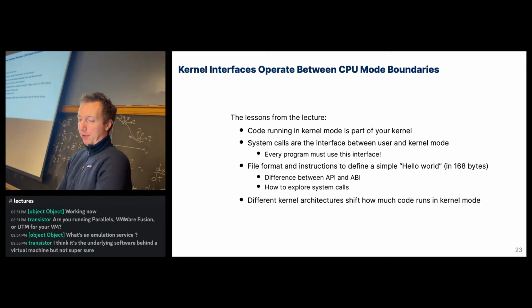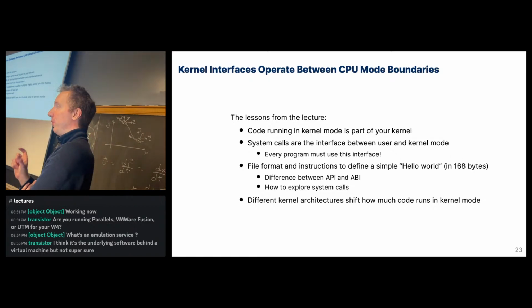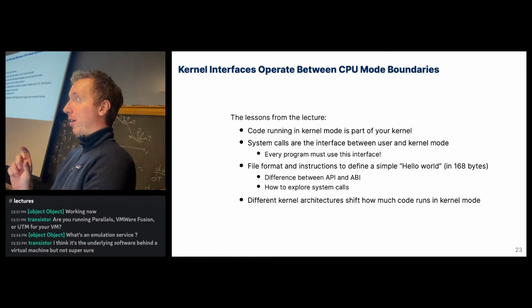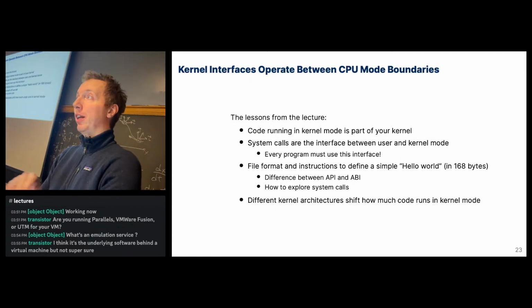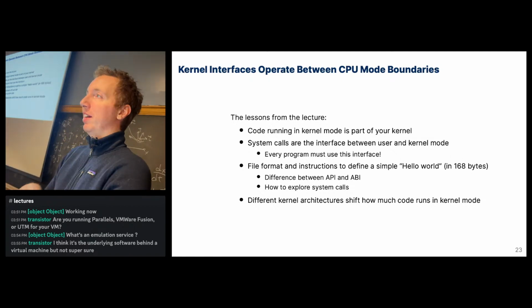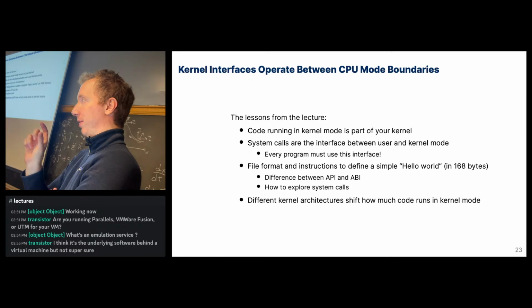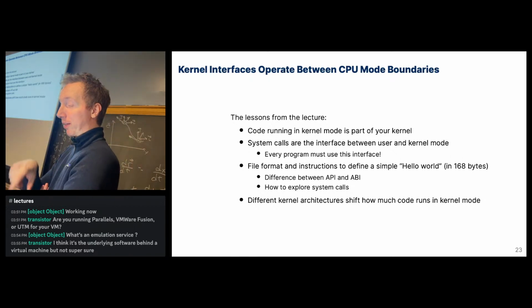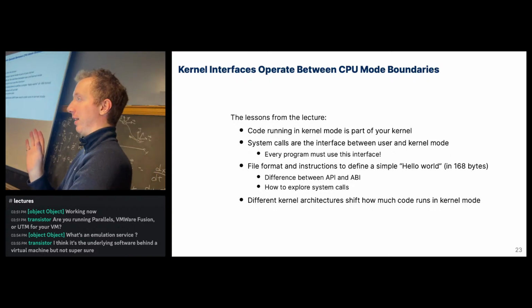So to wrap up, the kernel is the interface between CPU mode boundaries, and those are hard boundaries. What we can definitely say is that the kernel is part of the operating system, and past that it gets fuzzy. But for the kernel, there's a real nice boundary: the transition from the CPU being in user mode to kernel mode and what instructions it can access.